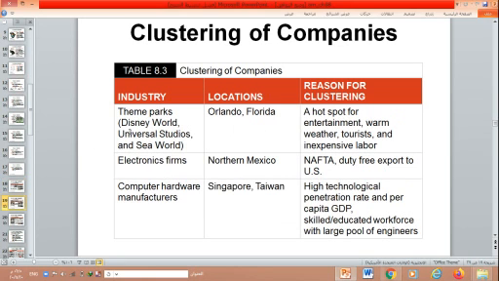Let's take some of them. The industry like theme parks: Disney World, Universal Studios and SeaWorld. Their locations are concentrated in Orlando, Florida. Reasons for clustering: good weather, warm weather, tourists, inexpensive labor, a hot spot for the environment.